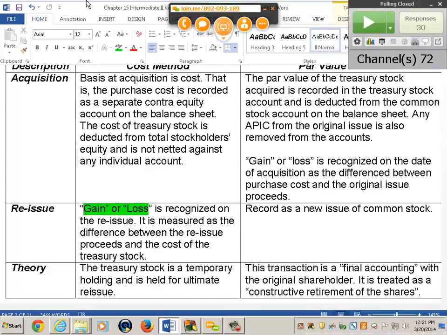The loss, the first thing you do is you debit additional paid-in capital from treasury stock.